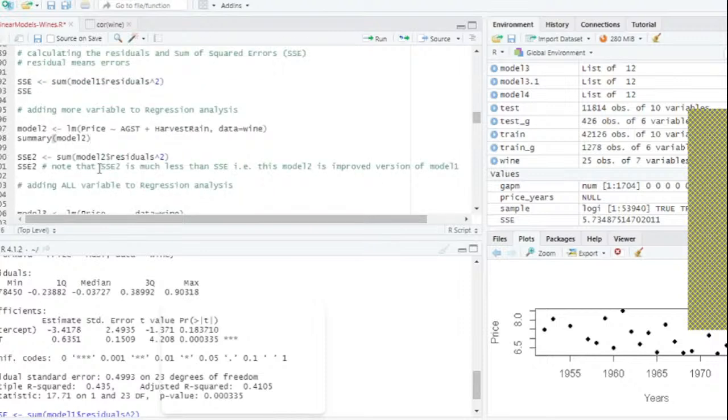So line number 97 to 101, same thing as what I have done till now, just that I have included two variables: AGST plus harvest rain.